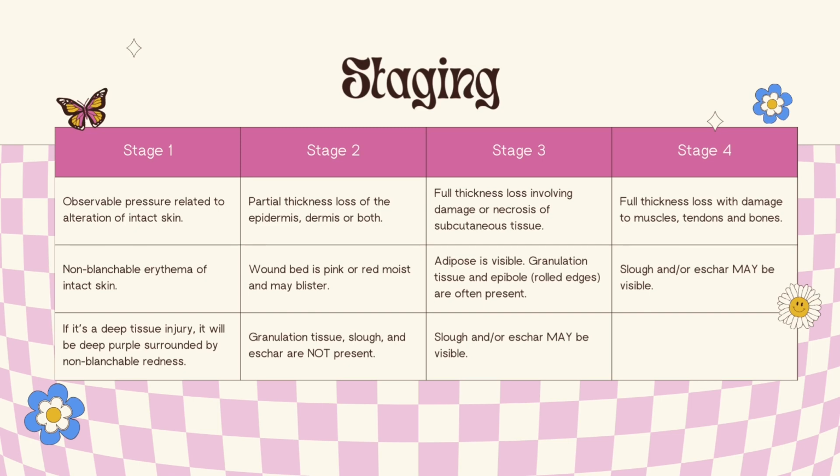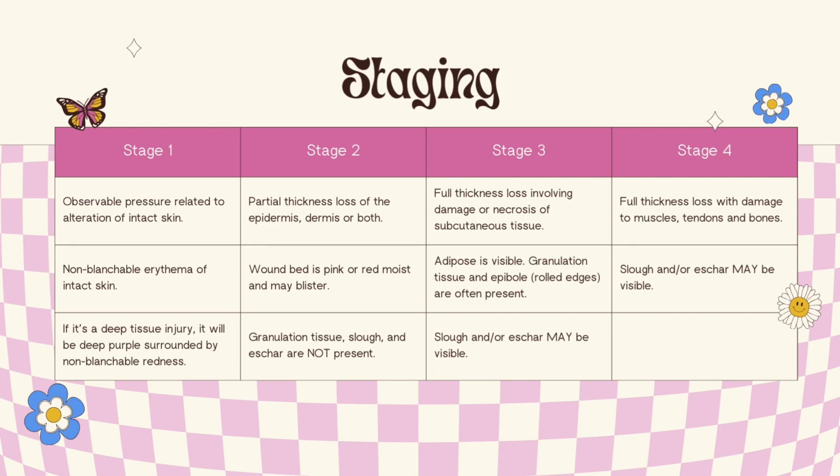So that's why I put it at the bottom. It's not technically stage 1, but I don't want you to get something in stage 1 confused with a deep pressure injury. It'll be easier to explain with the visuals that I have on the next slide.